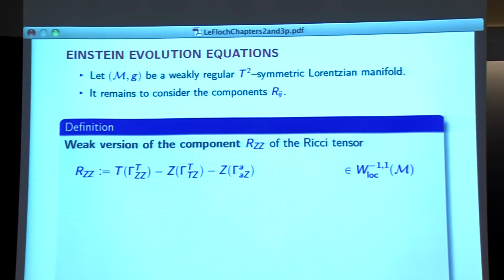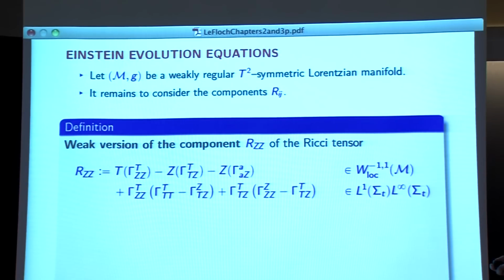And this is what you get. You find that the ZZ component of the Ricci curvature is a time derivative of this component minus the Z derivative of this, minus the Z derivative of this trace. You see that the worst part will be the first term, which is only in L1. When you differentiate, you will get only a distribution, a derivative of a function in L1. So that's definitely singular.